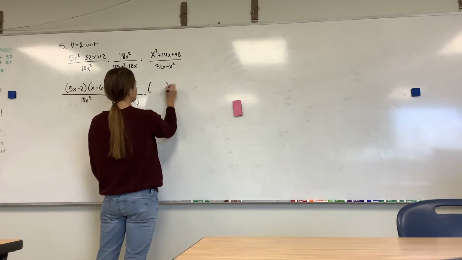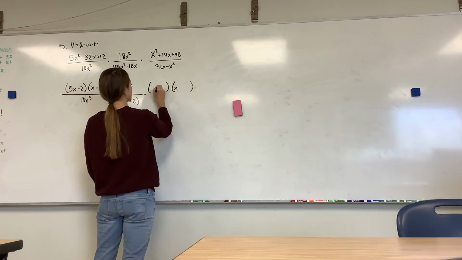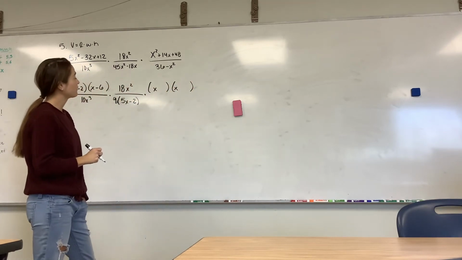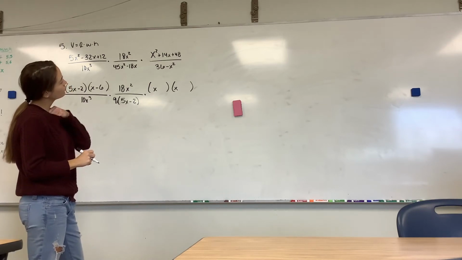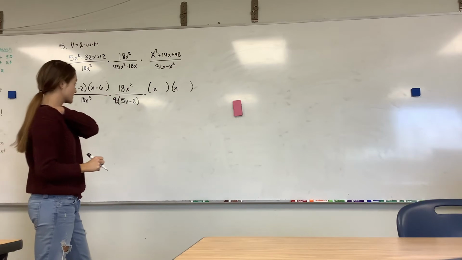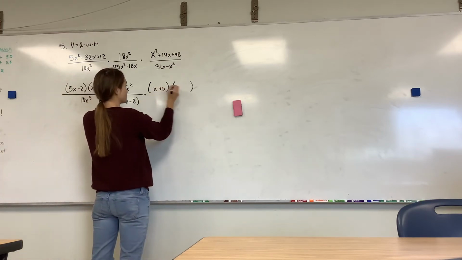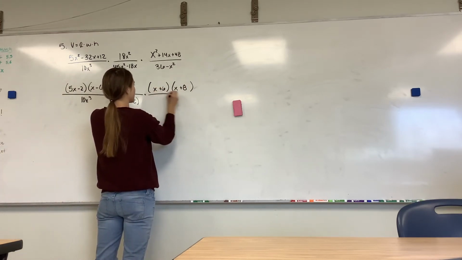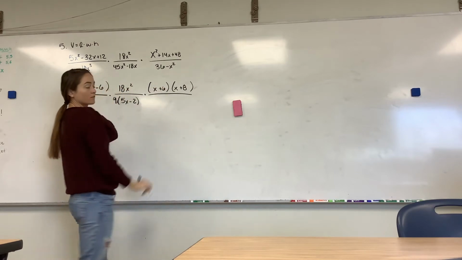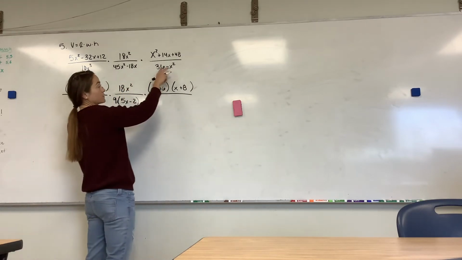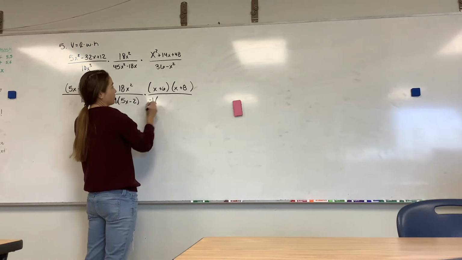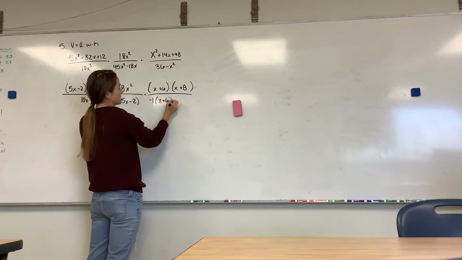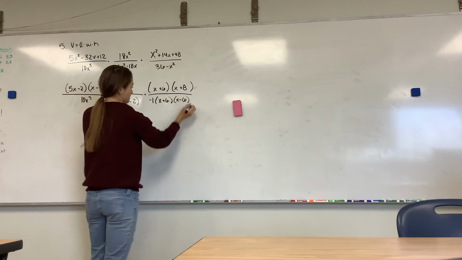Here, factors of 48 that will add up to 14. 6 and 8. This is another difference of perfect squares, but be careful, it's flipped, where you have to pull out your negative 1. So I'm going to pull out the negative 1, and then I get an x plus 6, x minus 6.